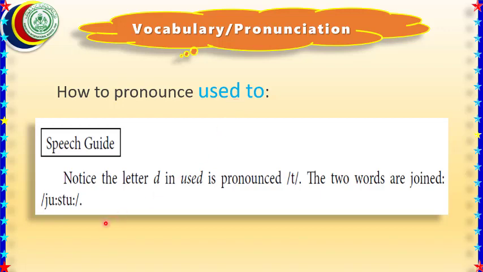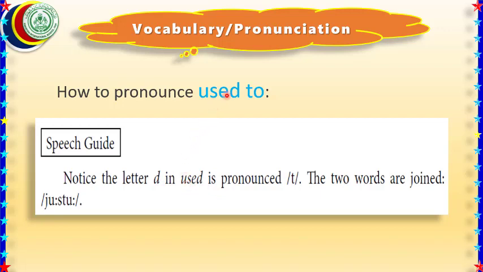This is written the pronunciation of used to. If you don't understand how this is written, no problem. You can try to understand by listening to me and by looking here at what is mentioned.